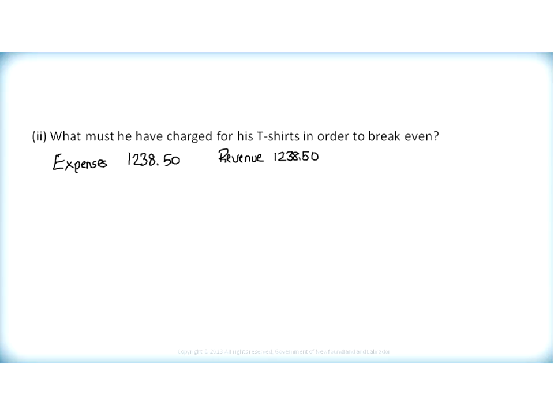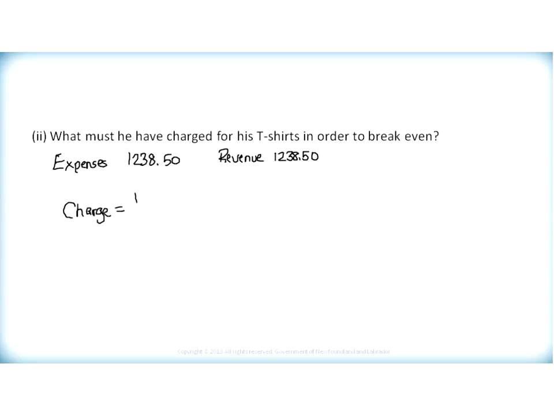So what he must do is sell his t-shirts at a price that will get him $1,238.50 in total revenue.